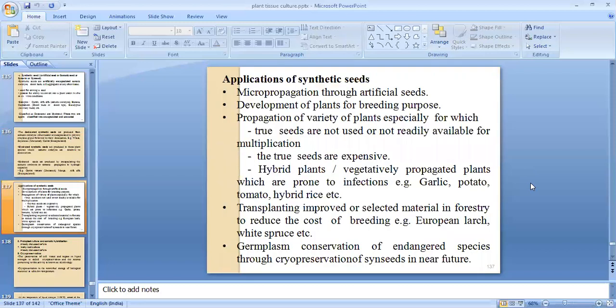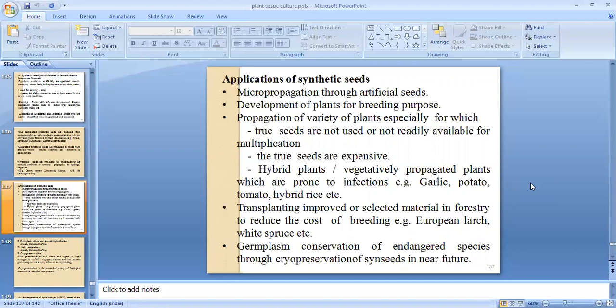What are the applications of these synthetic seeds? Micropropagation can be brought about through these artificial seeds, and you can develop plants for breeding purposes. You can also propagate plants using synthetic seeds where true seeds are not used or not available for multiplication.